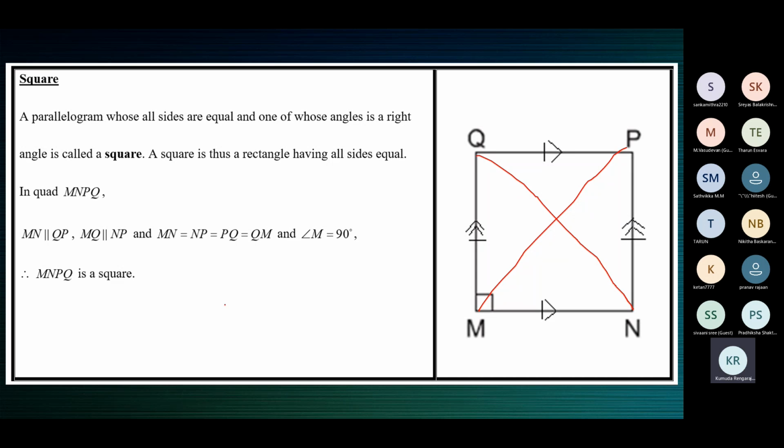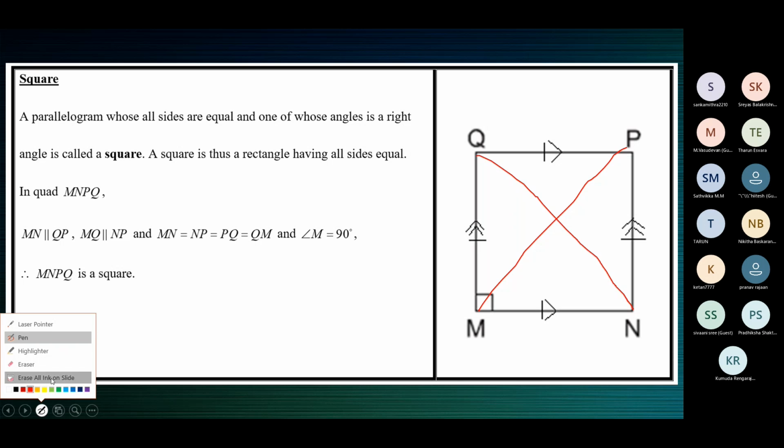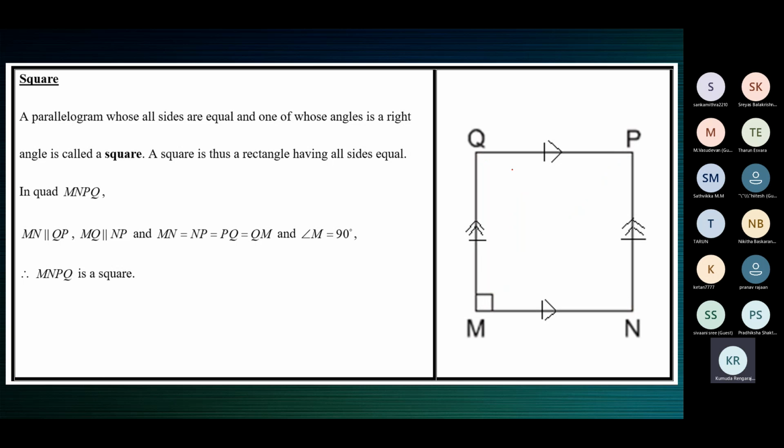So here, children, let me do it more clearly. In a square, all the angles are fixed. There's nothing that we have to find. This is the diagonal MP. This is the diagonal NQ. Now, children, in a square, the diagonals bisect at right angles.